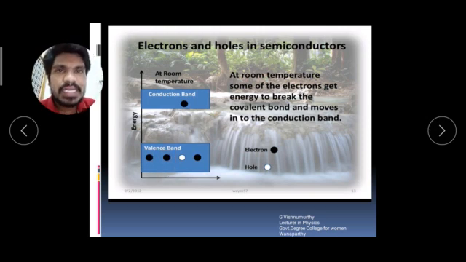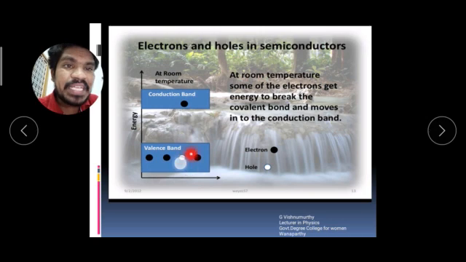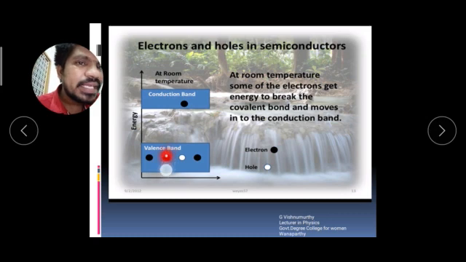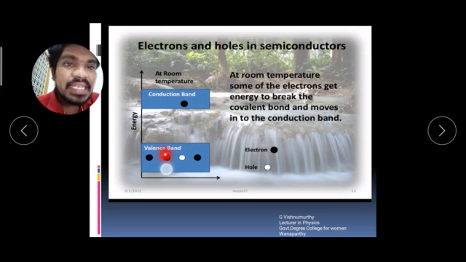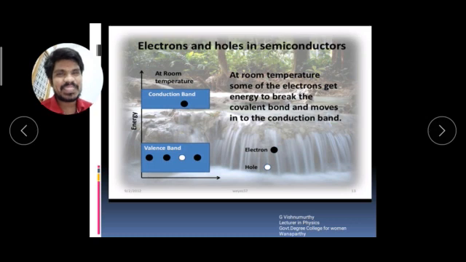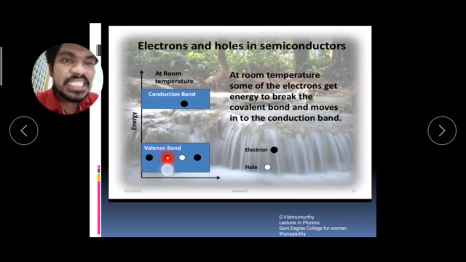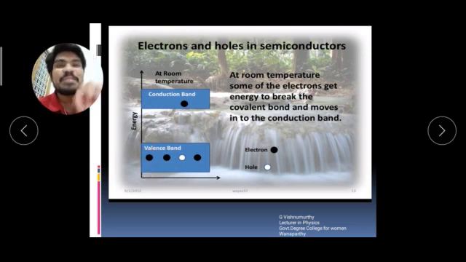This empty place is filled with the neighboring electrons. Here you see this electron goes to this empty place. Again an empty place is formed. This empty place is filled with this electron. Again in this position an empty place is formed.